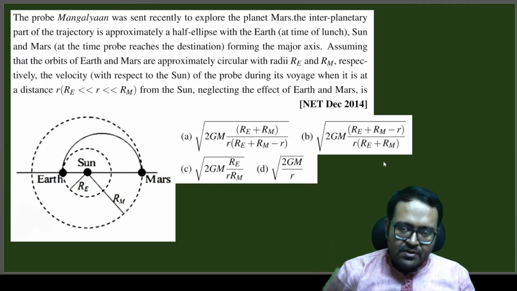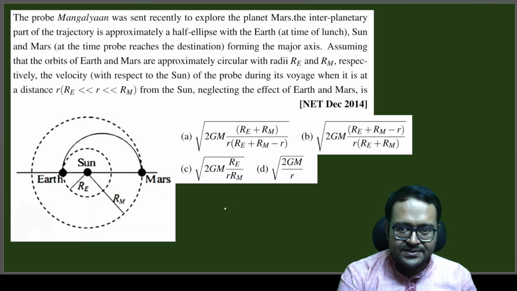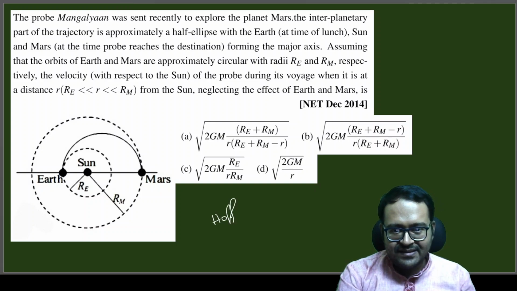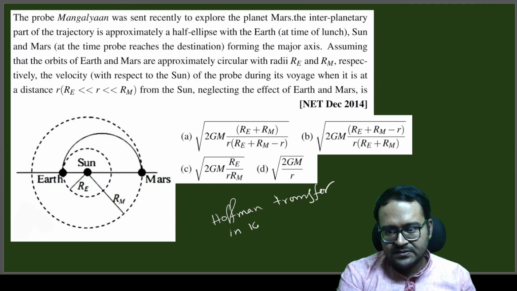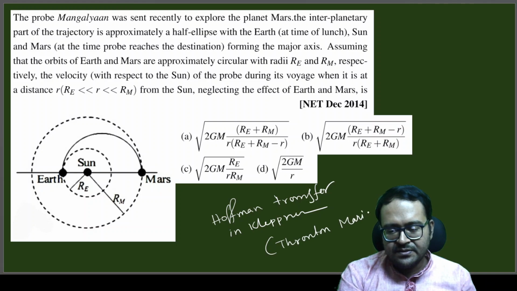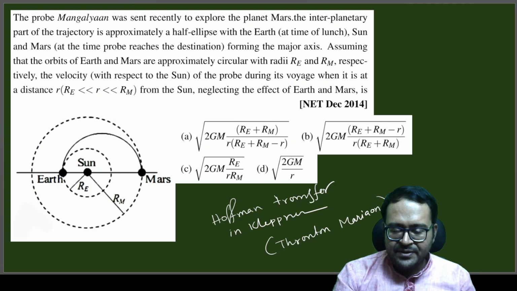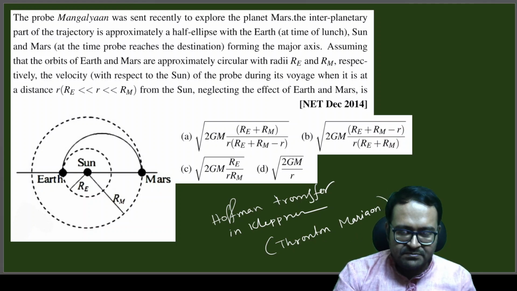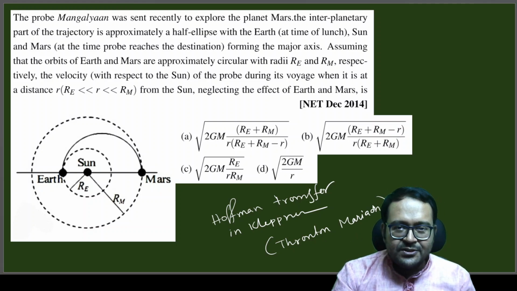Other books also cover it, so find something about the Hohmann transfer. Thornton and Marion's book also deals with this. I'm definitely writing the spelling wrong, but if you Google it, Google will correct your spelling.